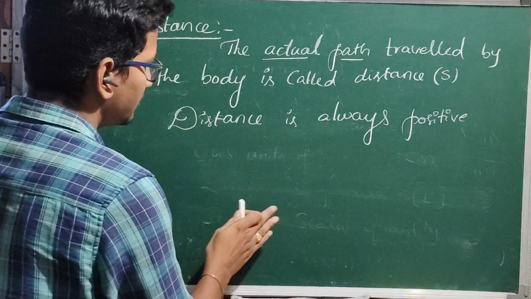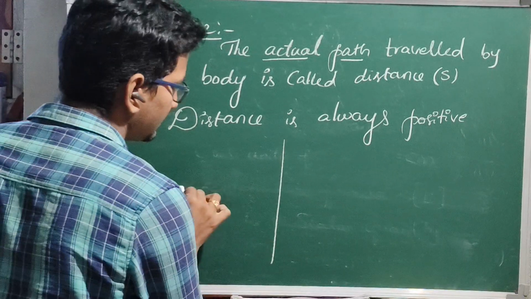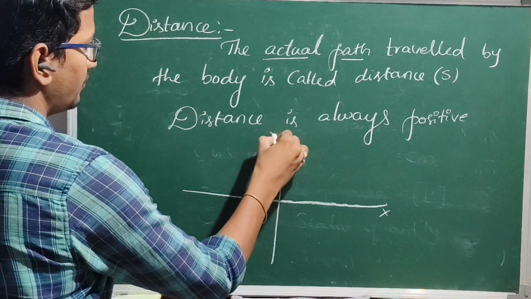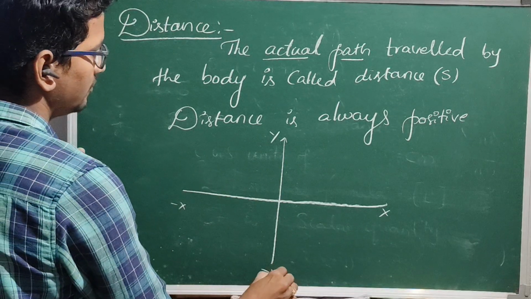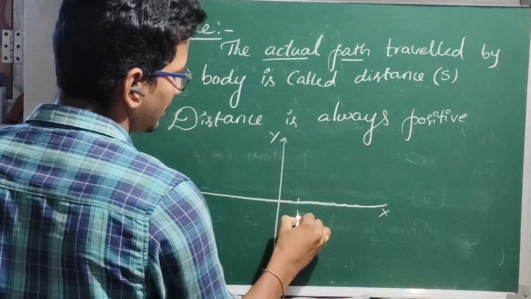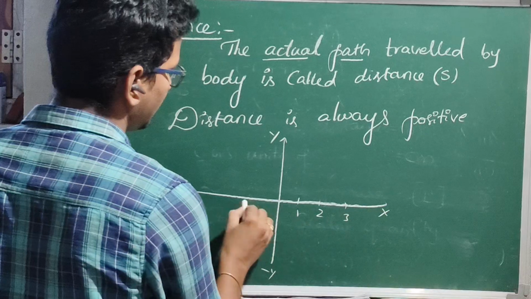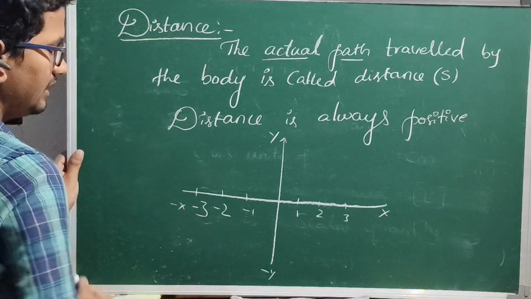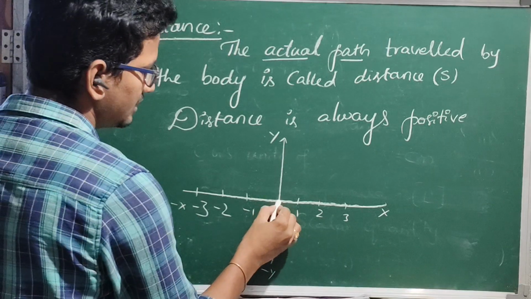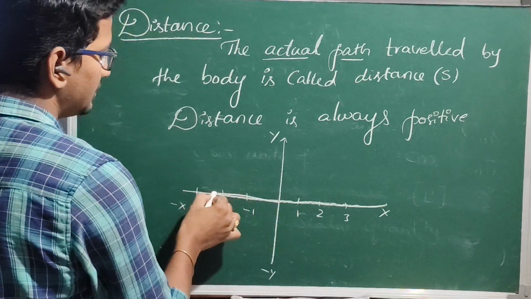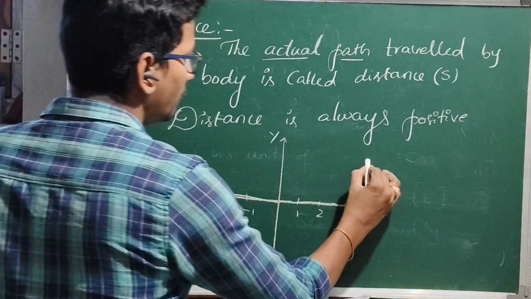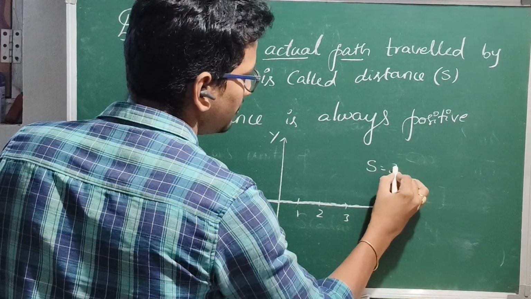For example, we take the x-axis and y-axis, this is the negative x-axis, negative y-axis: 1, 2, 3, and -1, -2, -3. A person is walking from here in this direction up to -3 meters. What is the distance? Only 3 meters.